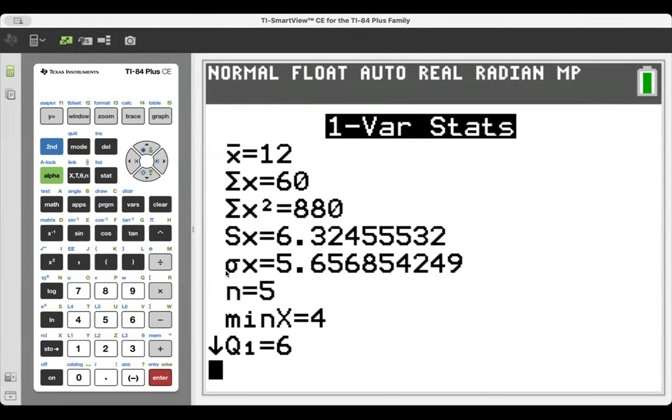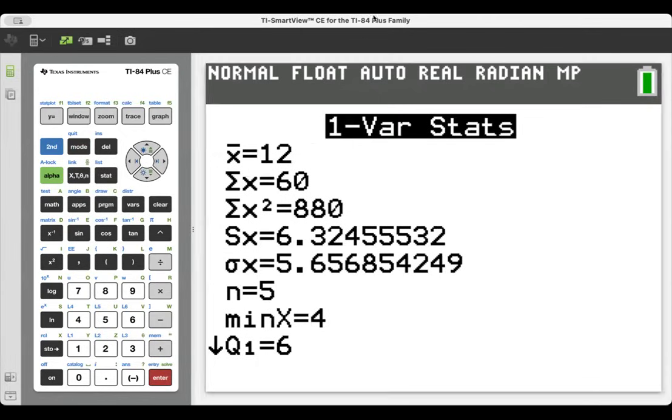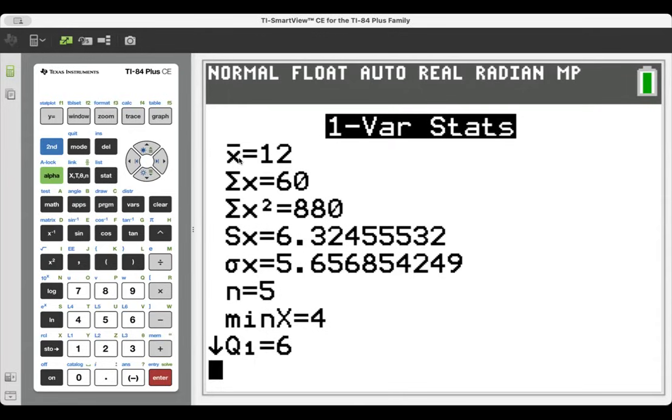And the standard deviation is the one for the population. We're going to use sigma x, taking it to 4 decimal places, 5.6569. So we're going to go back to the slideshow now, knowing that mu is 12 and sigma is 5.6569.